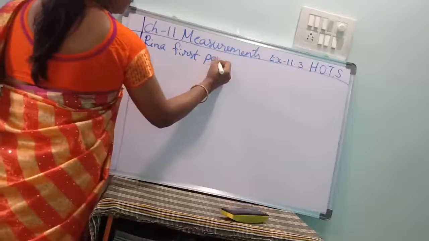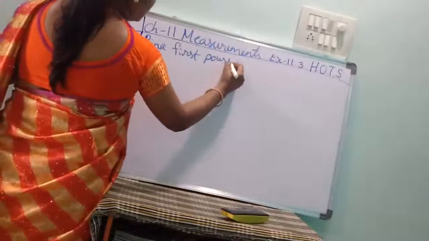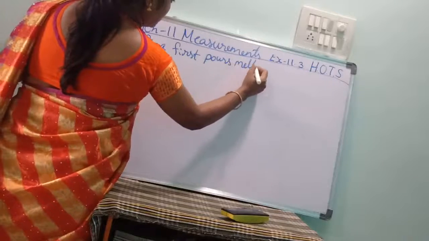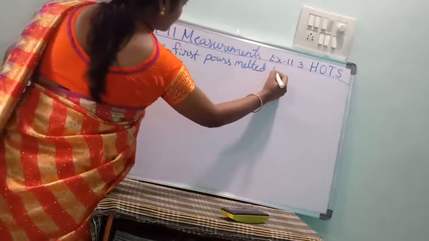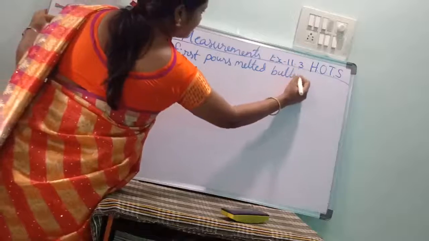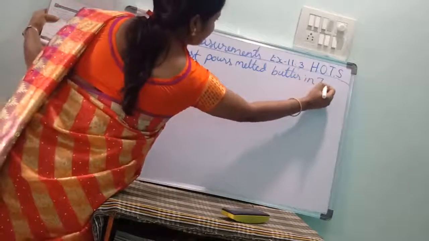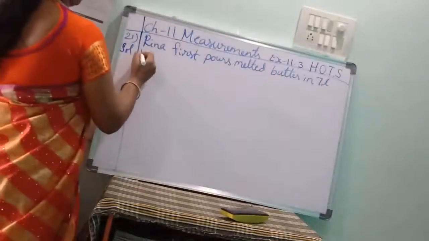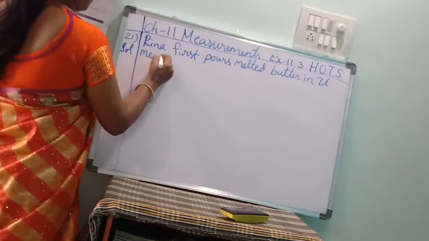First, Reena pours melted butter in the 7 liter measure.